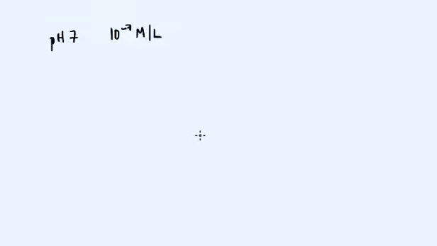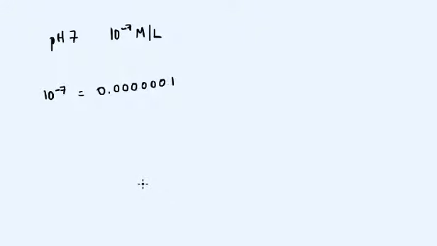Okay. Now, if we were to have a concentration of hydrogen ion that's 10 times greater than that, and here's where people sometimes get confused, because 10 raised to the minus 7th is equal to 0.0000001.